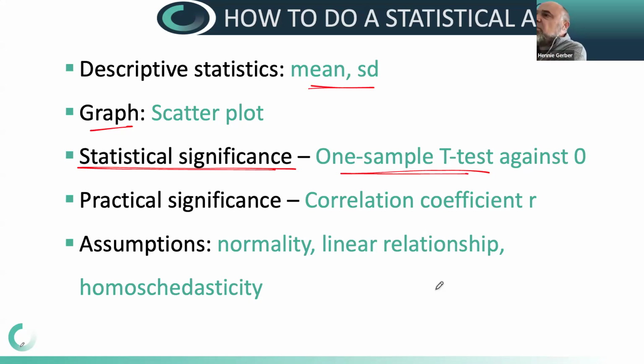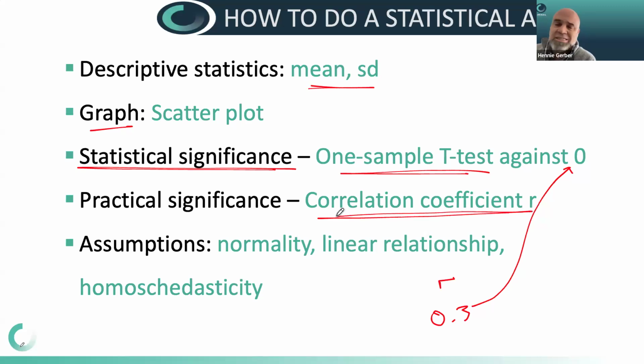Say, for example, your correlation coefficient is 0.3, and the p-value is significant, then this differs significantly from 0. So there's a significant relationship. Then practical significance would be assessed by the correlation coefficient itself. It will tell us if it's positive or negative, and how strong this relationship is.